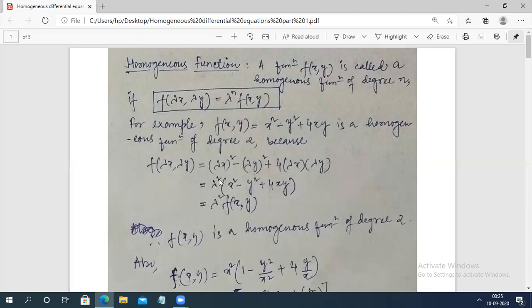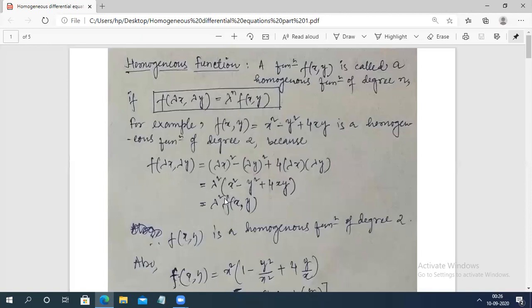So take lambda square outside and the remaining term will be x square minus y square plus 4xy. This is nothing but the given function f of xy. So we can write lambda square f of xy, the original function. So f of lambda x, lambda y is equal to lambda square f of xy. So this satisfies this condition.